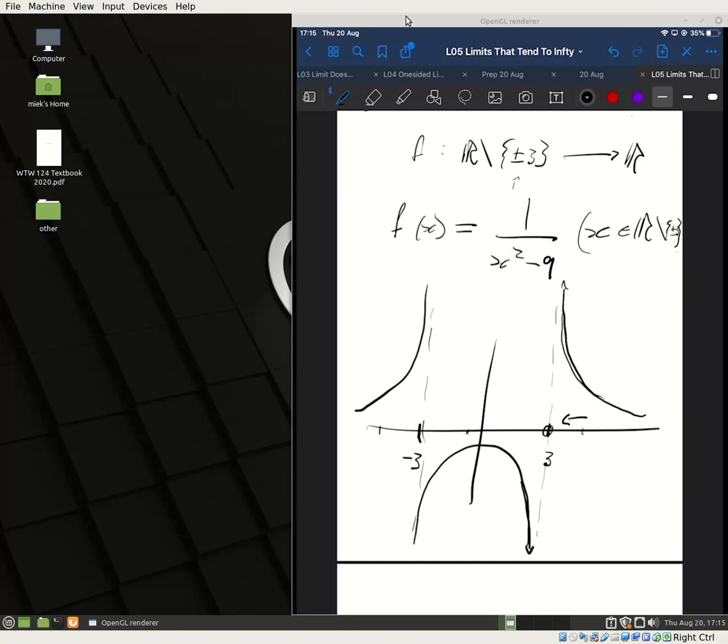It means that it doesn't matter how large a number we take, let's call it E, we should always be able to find a point here which maps to a function value which is larger than this number E. And it doesn't matter where we take this E. We can take it up here, and we should be able to find a point here for which the function maps to a larger value there. So that is the idea of how we can describe infinity.